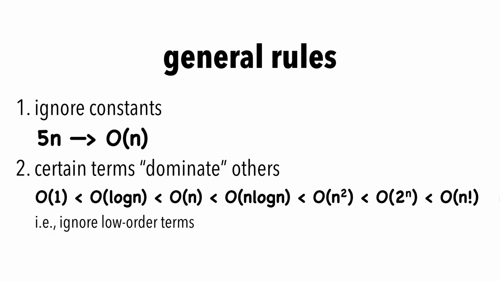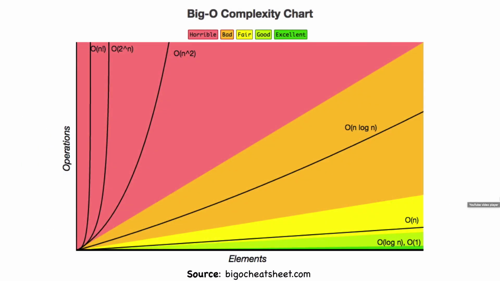Take a minute and study this chart. It can be found on bigocheatsheet.com, along with a handy guide on the Big O of various important algorithms. So you want your algorithms to stay in this range if you can.